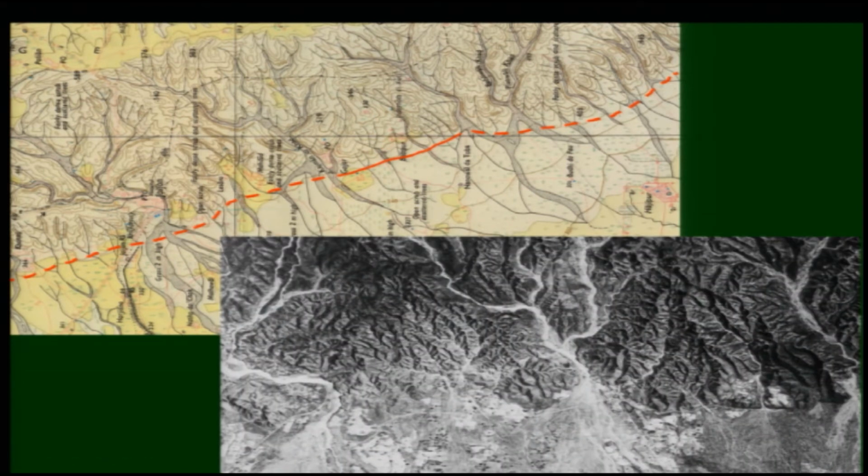So, this marks the front, and this area is from the northwest Himalaya, and this portion we picked up as an active fault scarp. If you compare this with the satellite data, this portion is over here, this one, and this portion.